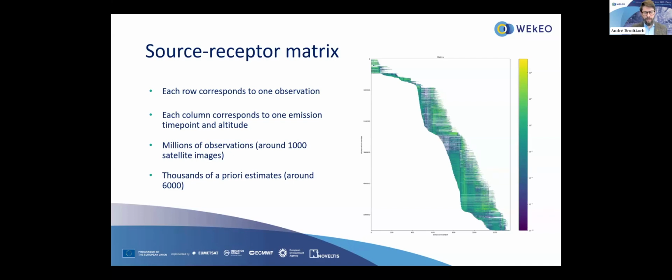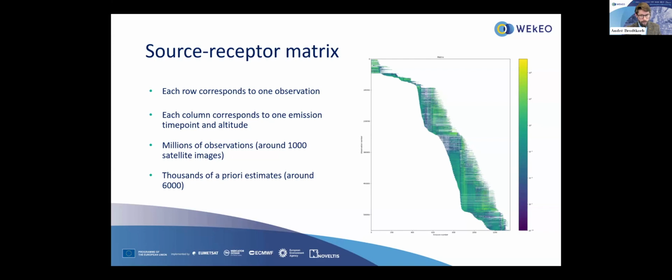So we end up with this matrix, and this matrix is huge. It has something like 600, 700,000 rows in it and 1,200 or so columns. So there's a huge number of measurements and simulations that we try to correlate here.